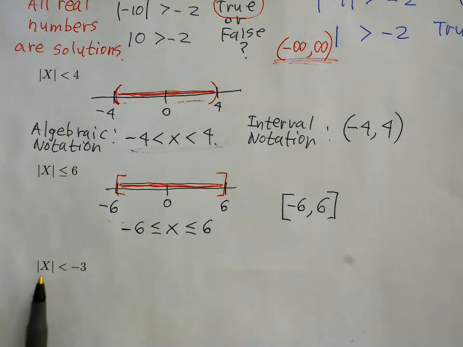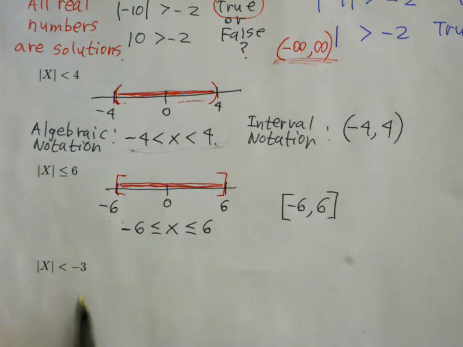So you can test all of the possibilities. We only have to consider two cases. If x is 0, what's the absolute value of 0? 0. Is 0 less than -3? No. So 0 is not a solution. Then if you pick any other real number besides 0, the absolute value is a positive number.